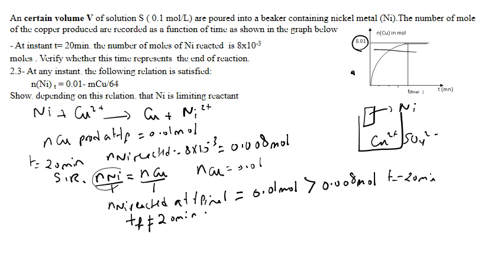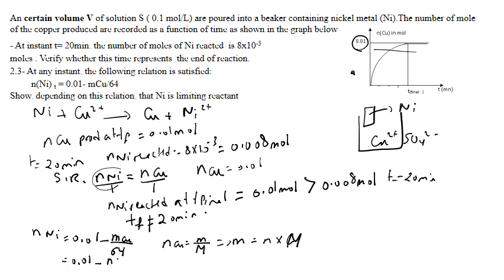With respect to part 2.3, we have this relation. This relation is given as number of mole is 0.01 minus mass of copper over 64. You know that number of mole of copper equal mass over molar mass. So instead of mass, we can put number of mole times molar mass. So this relation is 0.01 minus number of mole of copper times molar mass over 64.